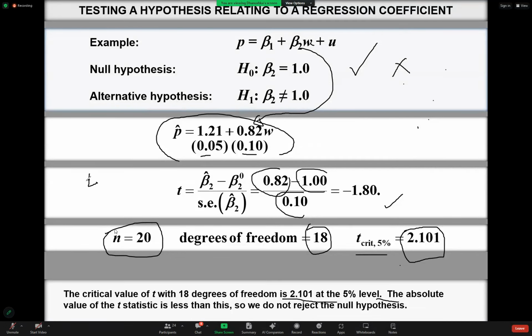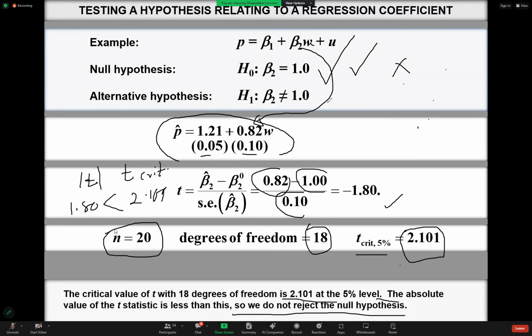We reject the null if the absolute value of the test statistic is greater than the T critical value.